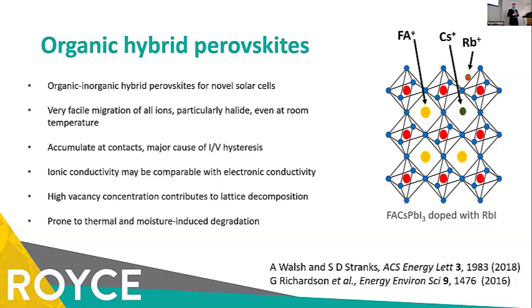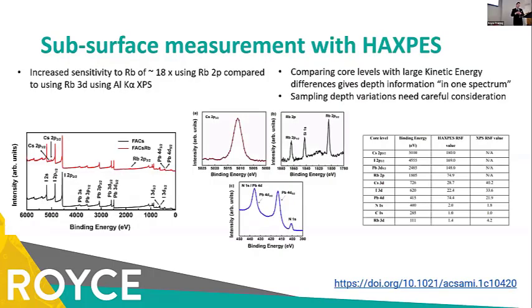So a lot of work has been done to modify these materials to improve their stability and improve their device performance. So in this case, some of the ions are replaced with cesium, and there was also an addition of rubidium. So we use HAXPES to, again, get subsurface or bulk-like information.